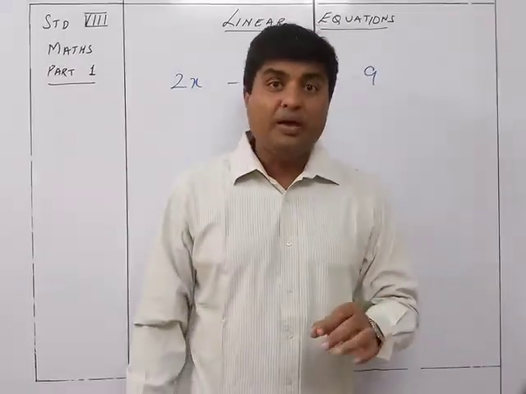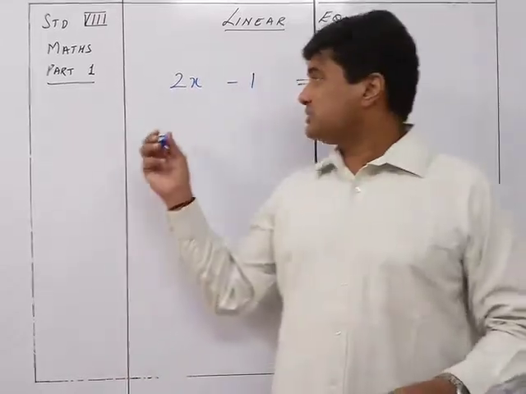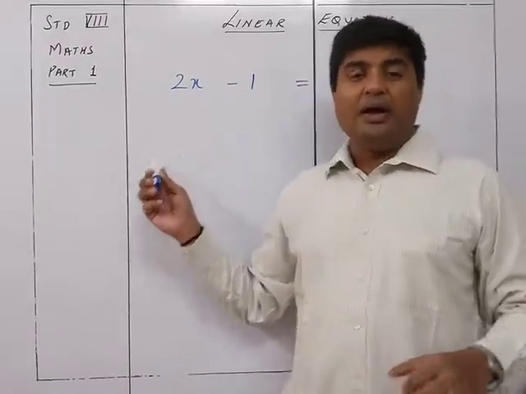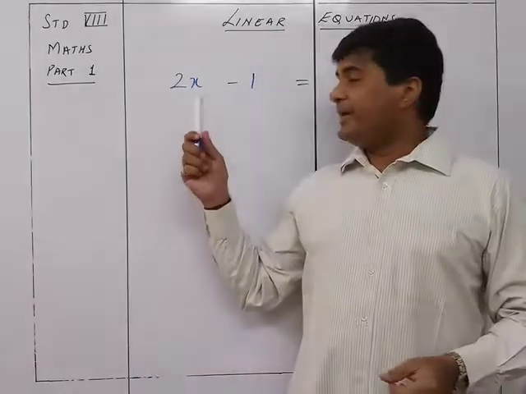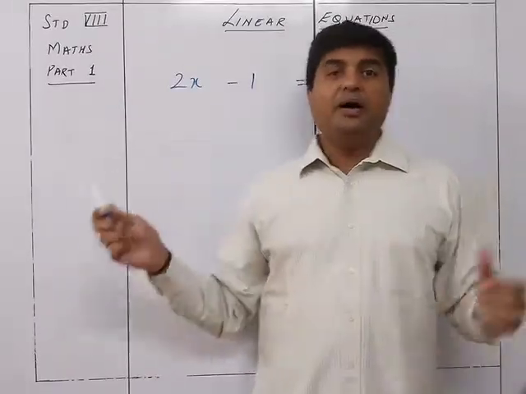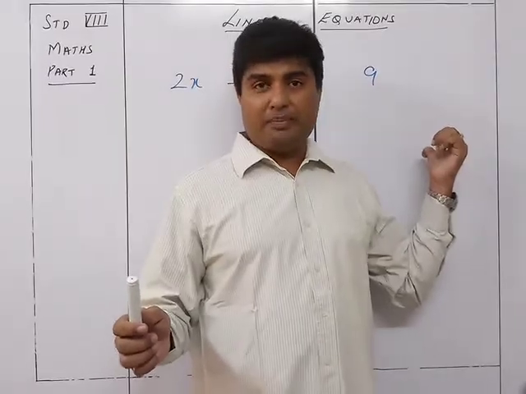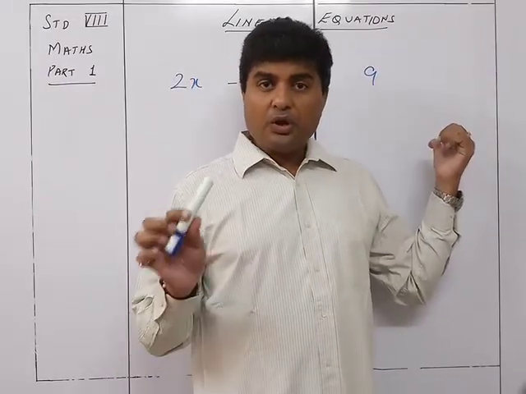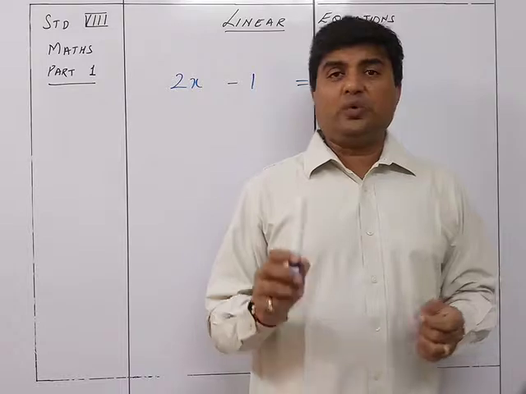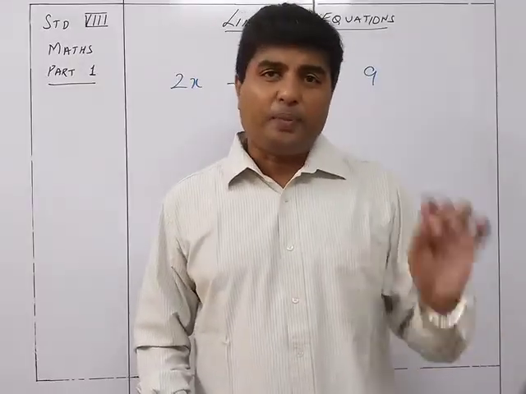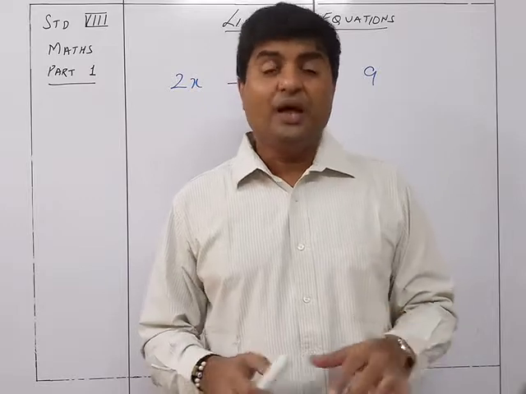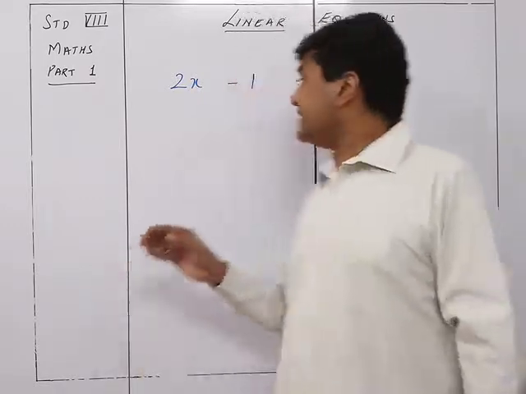If I am multiplying by a particular number, I will have to multiply the right hand side also by the same number. Similarly, if I divide by some number, I will have to divide by the same number. Got it? So whatever operation we are doing to one side, we will have to do the same operation to the other side. Only then we can say that they are equal.